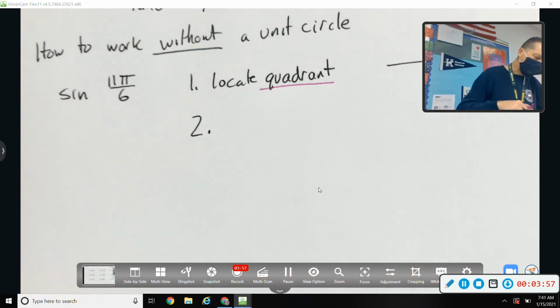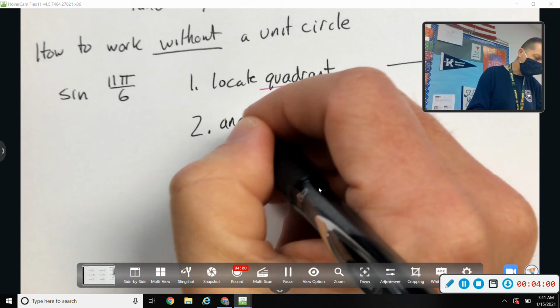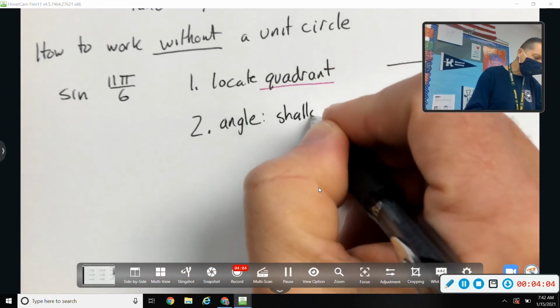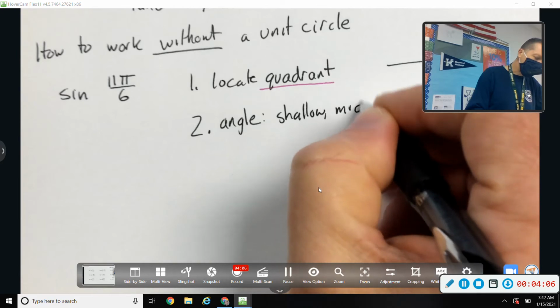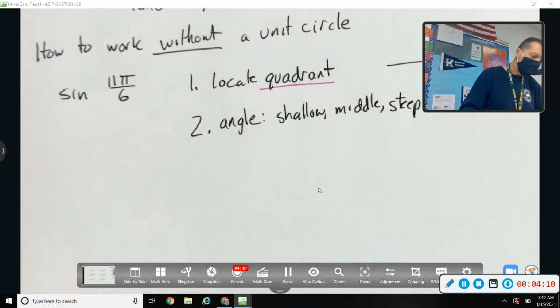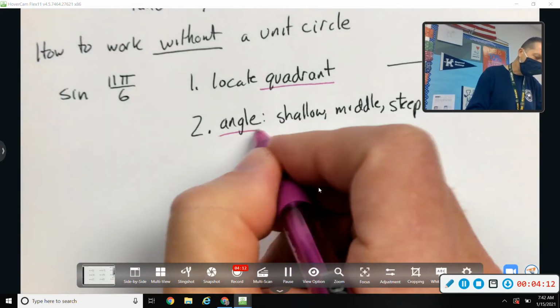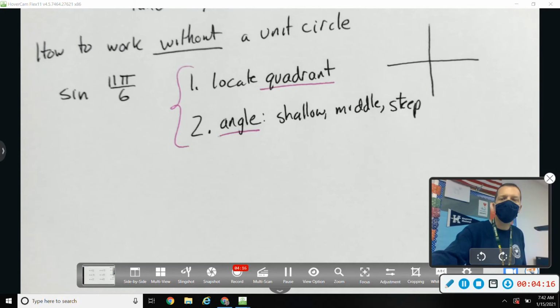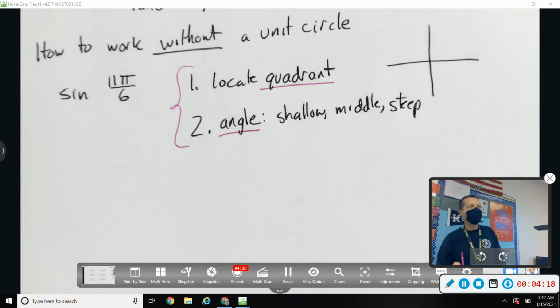The second step kind of goes with it, so I don't want to draw it out yet, is the angle: the shallow, the middle, or the steep angle. So those two go together, quadrant and angle. That will allow us to draw an accurate picture of 11 pi over 6.